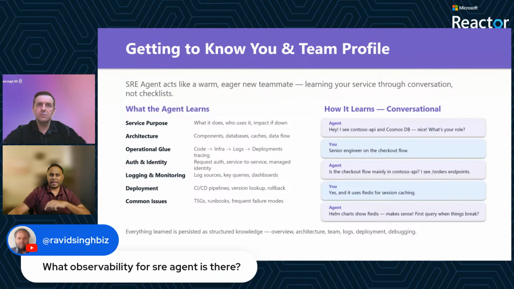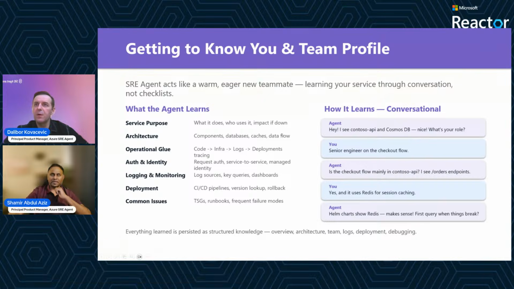For any other data provider, we have MCP connectors, so Datadog, Dynatrace, Splunk, all of that. Yeah, we had pretty nice sessions during Ignite with our partners from Datadog and Dynatrace, so premium experiences. All right, we'll take a few more questions a little later.